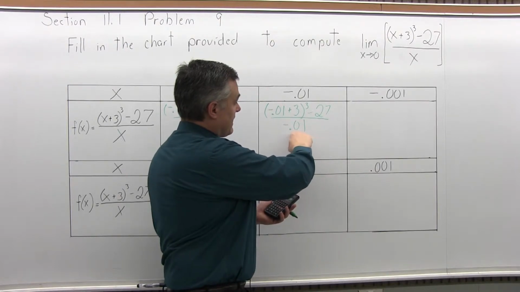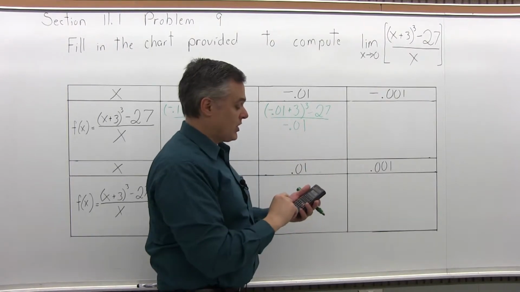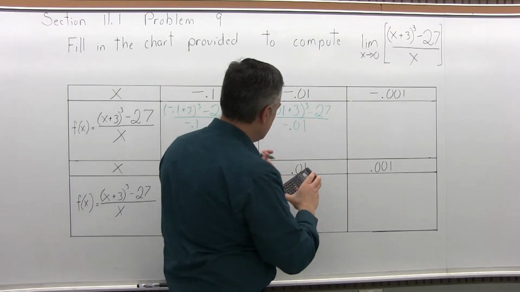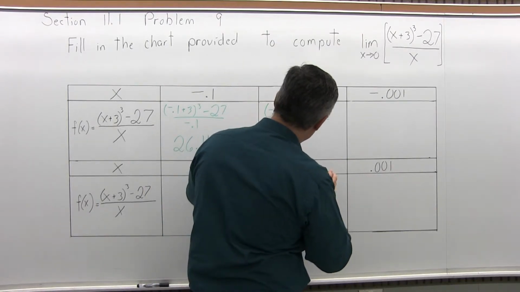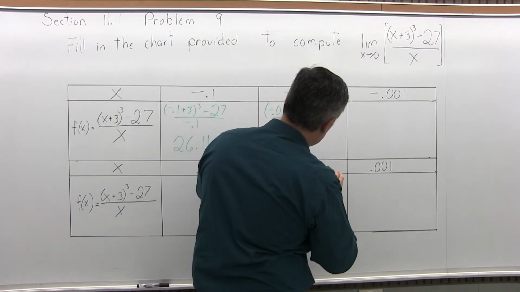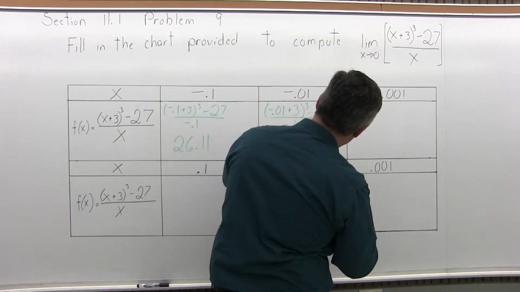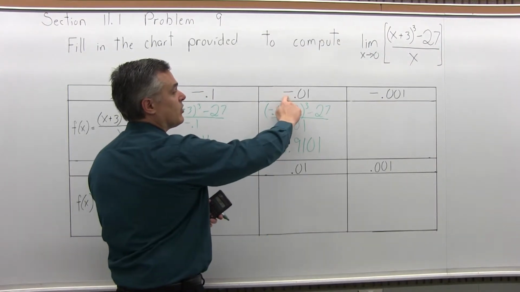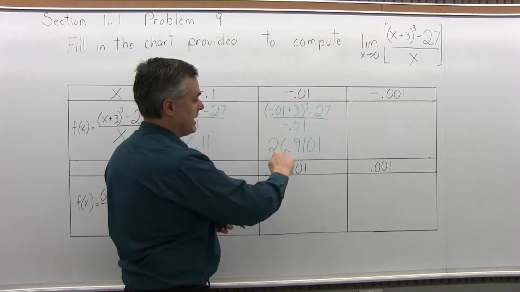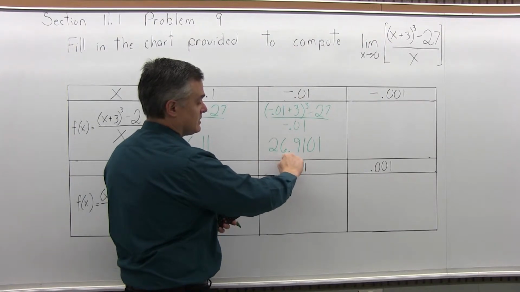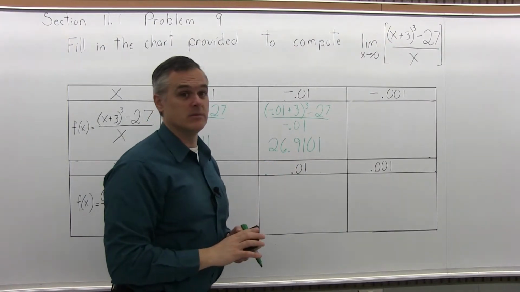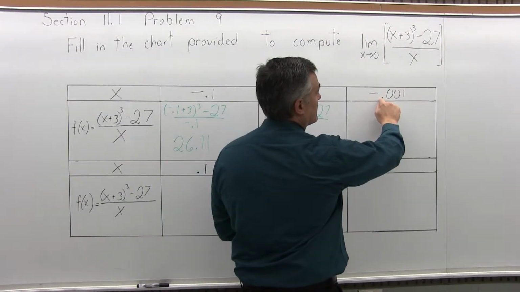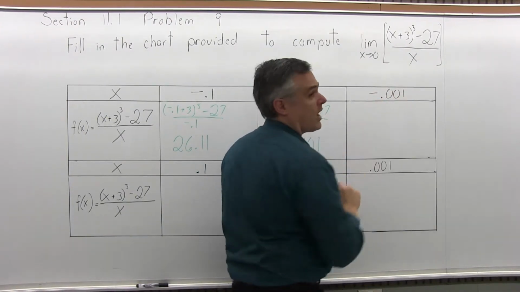And I'm going to divide that by negative 0.01. The negatives cancel. And the answer comes out to positive 26.9101. So when I put in a negative 0.01 for an x value, the output or y value I get is 26.9101. So now I'll go over to the next box, put in a negative 0.001 for x.